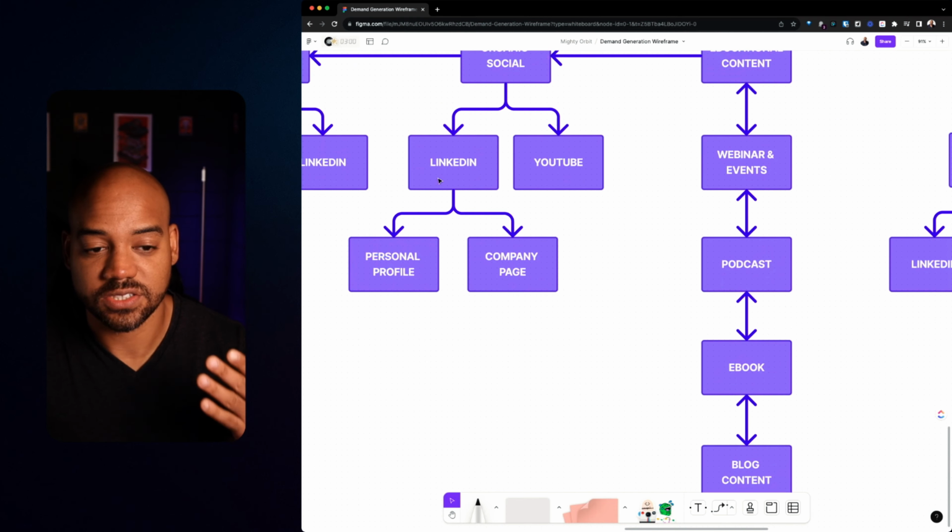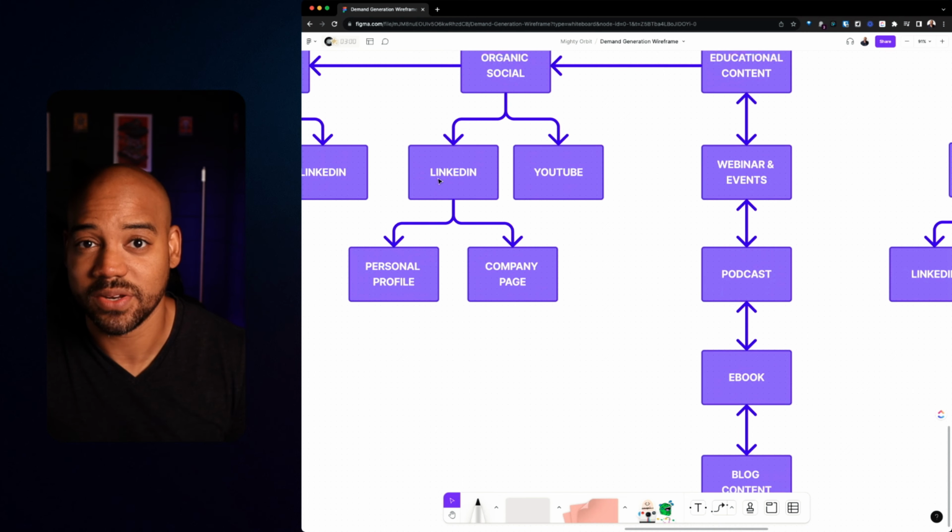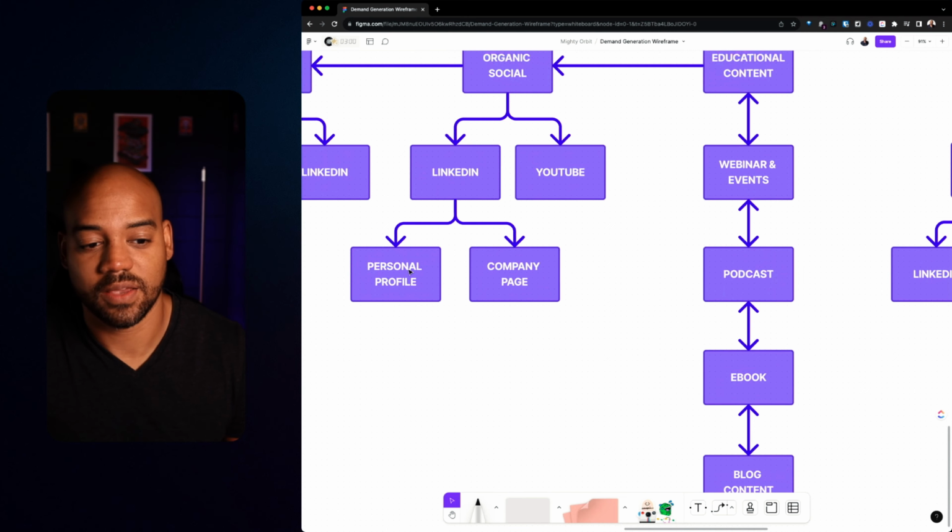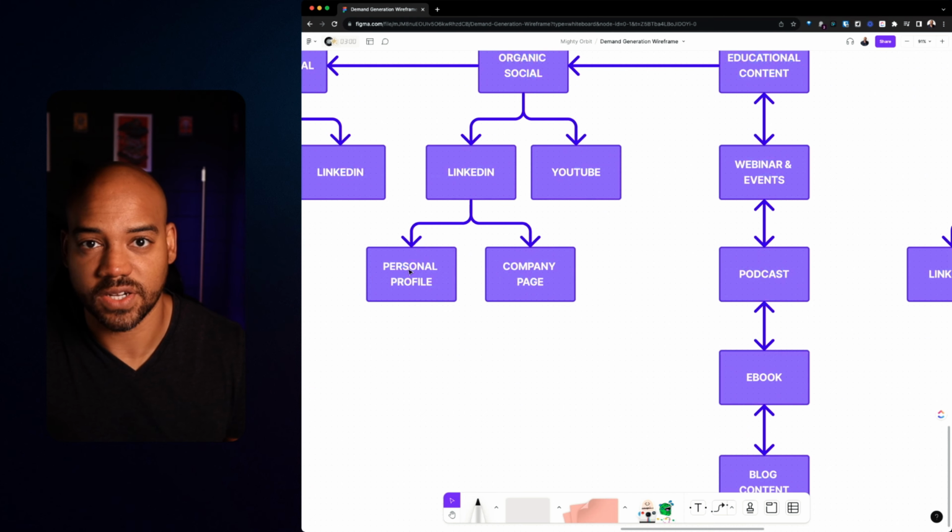And not only distribute it on your company page, but really take the time to distribute it on your personal profiles. So for your subject matter experts, your leadership team, and your sales team, you want them to be actively engaged, to participate in the conversation, and to share some of these great resources with the audience that they're building.